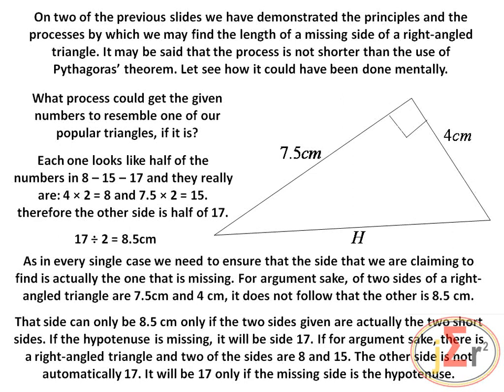If for argument's sake there is a right angled triangle and 2 of the sides are 8 and 15, the other side is not automatically equal to 17. It will be 17 only if the missing side is the hypotenuse. Right, so say for argument's sake, we have 7.5 for the hypotenuse and 4 for the short side. The missing side will not automatically be 8.5 centimeters because we cannot have one of the short sides, 8.5 centimeters, being longer than the hypotenuse, 7.5 centimeters.